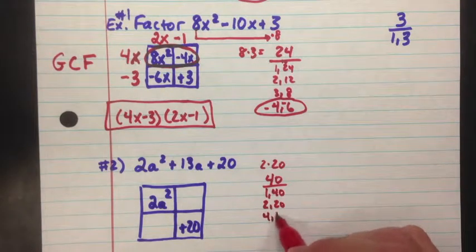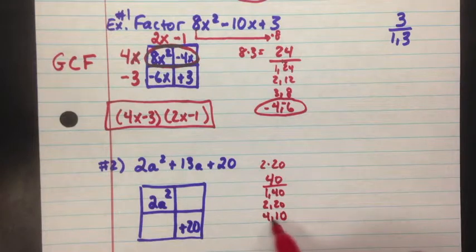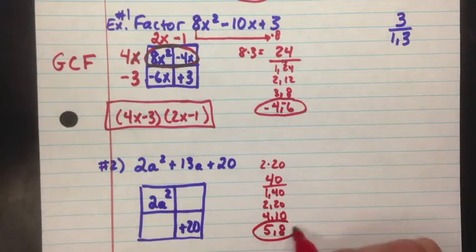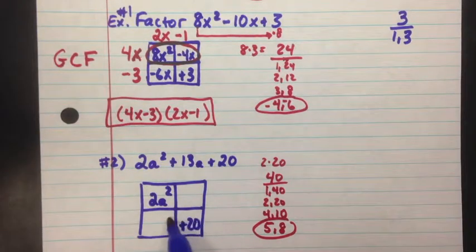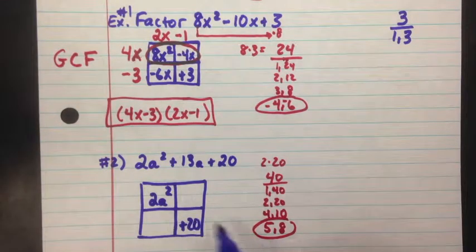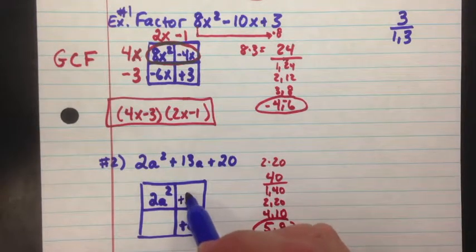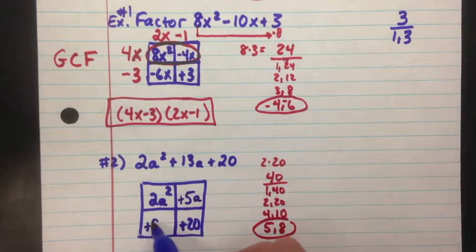How about 4 and 10? That's close. 4 plus 10 is 14, not 13. How about 5 and 8? Oh, 5 plus 8 is 13. Winner, winner. So in the squares here, we can put 5a plus 8a.